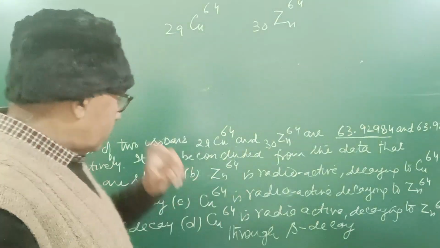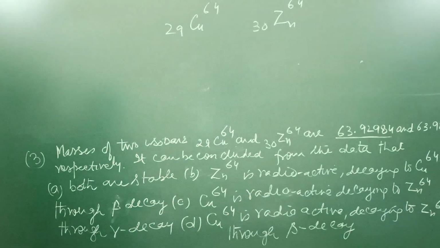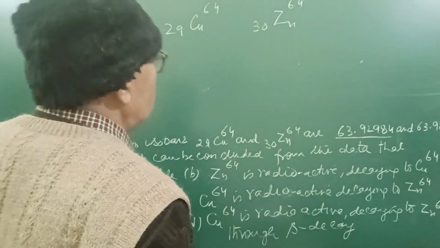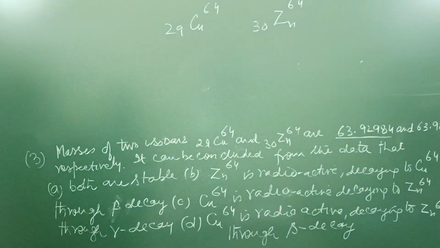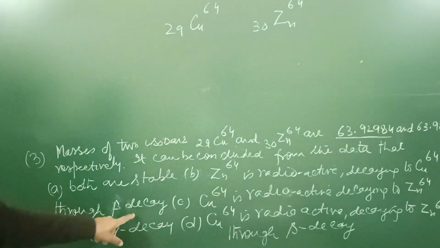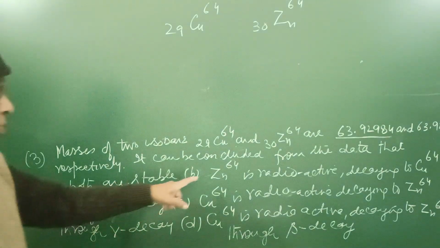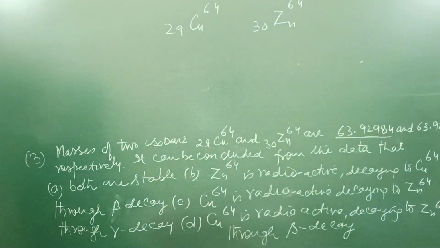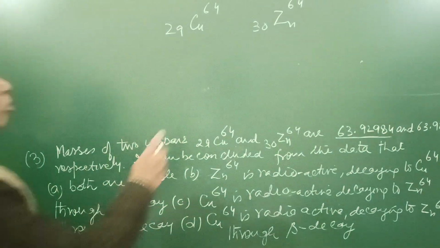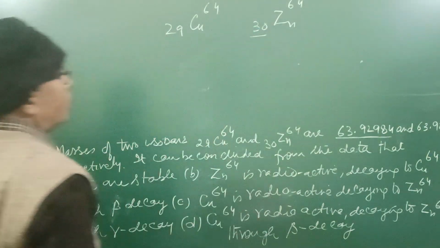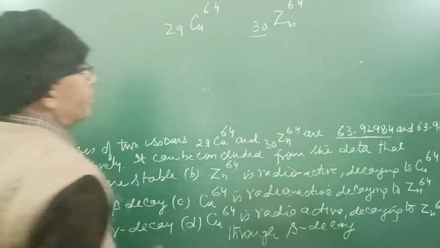Zinc 64 is radioactive decaying to Cu64 through beta decay. The atom number of Zn is 30 and that of copper 29.